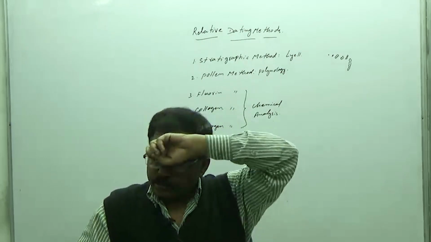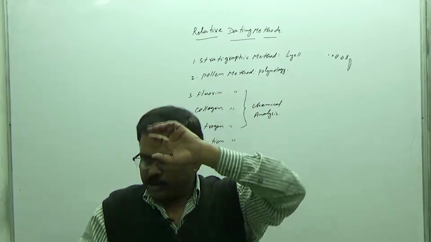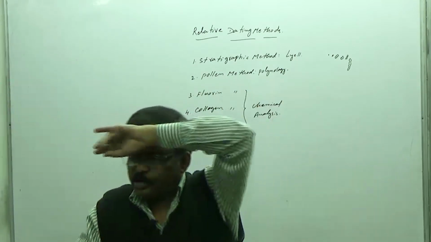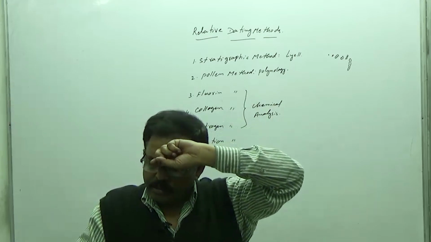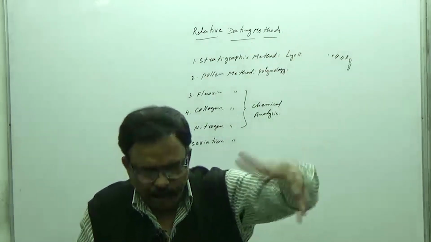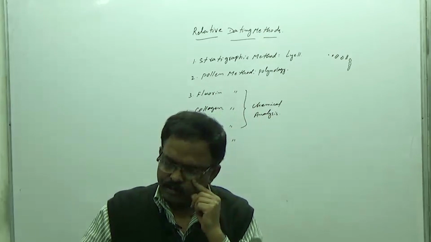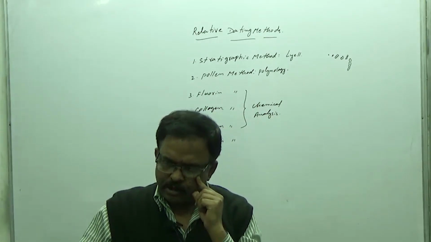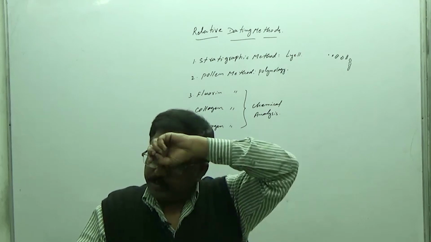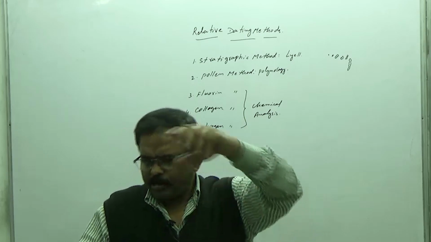definitely this is absolute. But due to rain, due to floods, they may be transported from one area to another place. 10-20 years back, this was maybe flooded, from that place to this place. If it is deeply buried, of course, it is going to be fixed. But an outer layer bone may not be fixed.